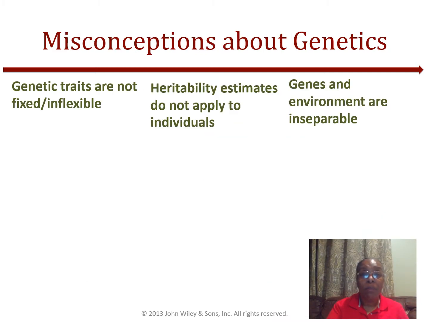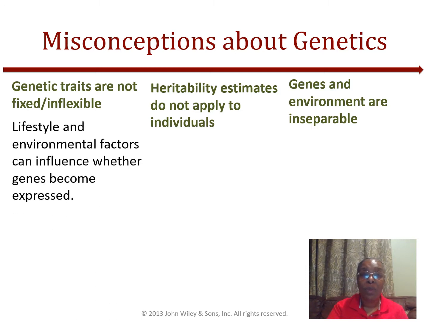Now, misconceptions about genetics. Findings from these three types of methods allow us to see how behavioral geneticists estimate the heritability of various traits. That's the degree to which individual differences are a result of genetic inherited factors rather than differences in the environment.